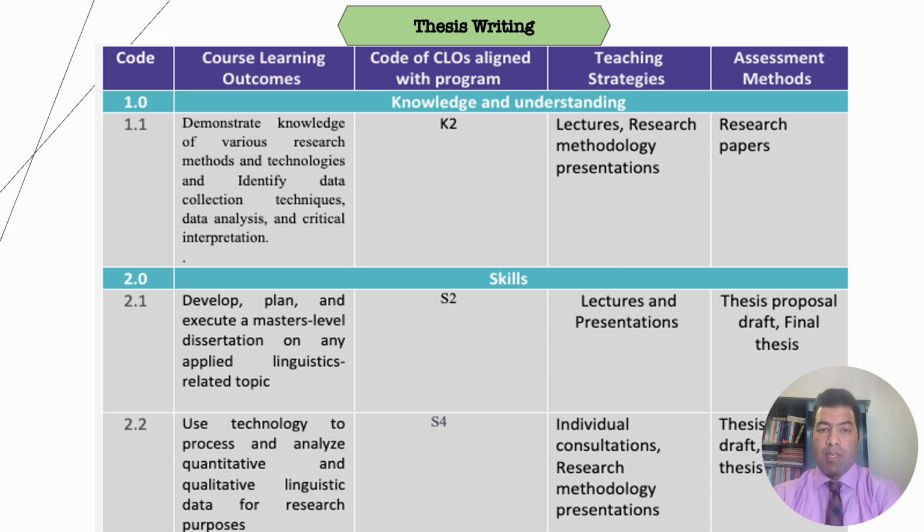Yes, this is given in the university quality documents in knowledge: what level of knowledge students should have at that level. Teaching strategies used for this course learning outcome are, for example, lecture, research methodology, and presentation. And how are the students assessed? By writing a research paper or doing a research project.